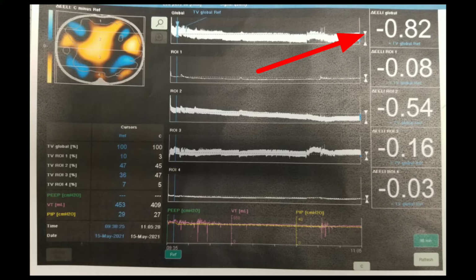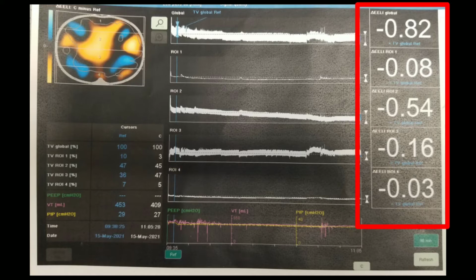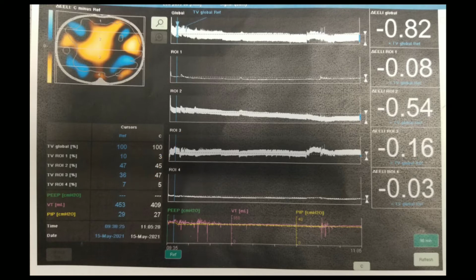Now to change that impedance into actual tidal volumes, so we have an idea of volumes, not just these random impedances, we're going to multiply those global impedance values or the regional impedance values by the tidal volume in the global reference. That's why you see on the top negative 0.82 multiplied by the tidal volume in the global reference.